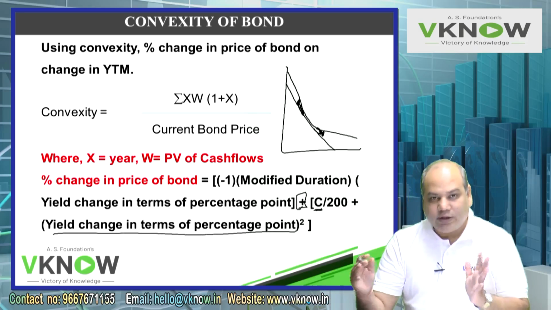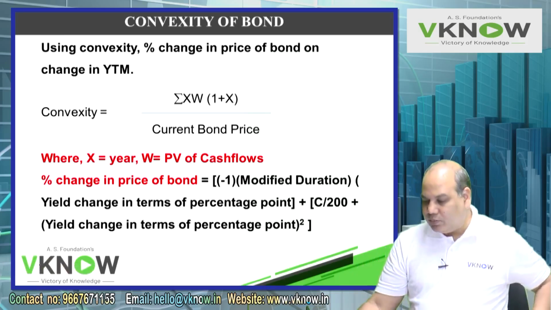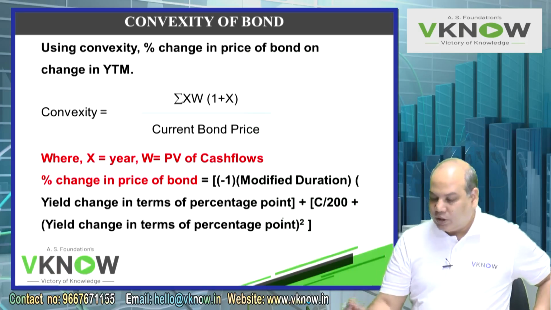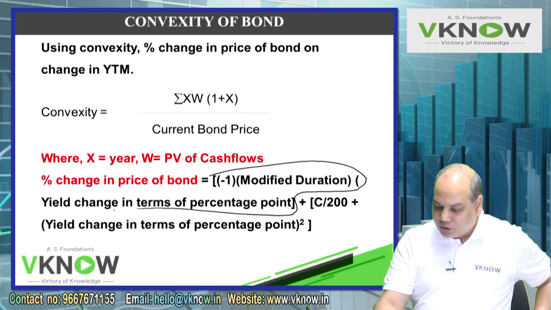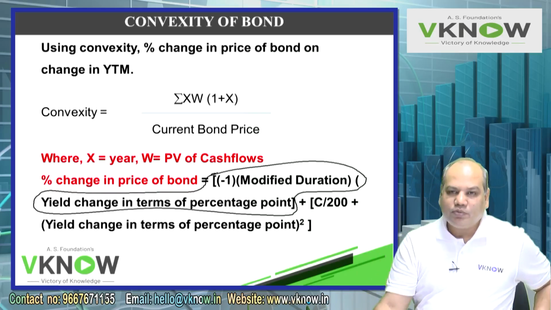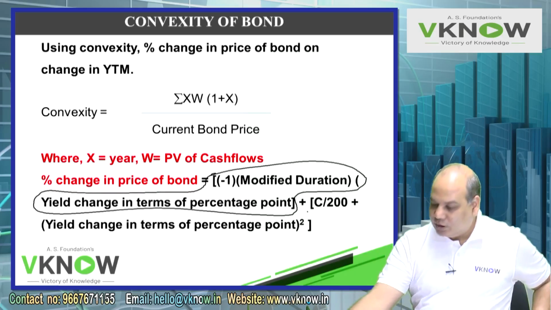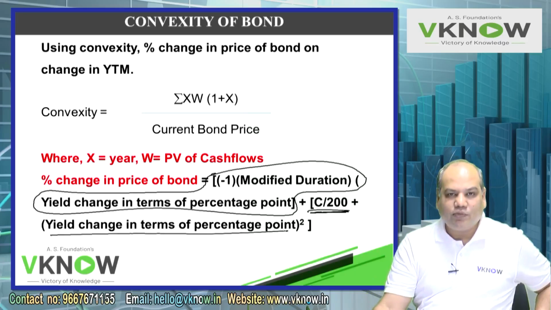Now this is a derived formula, a second order derivative, so we will not be able to derive it in the classroom, but at least logically it improves the answer given by modified duration by filling that gap by making this adjustment. C divided by 200, C is convexity, times yield change in percentage points squared.